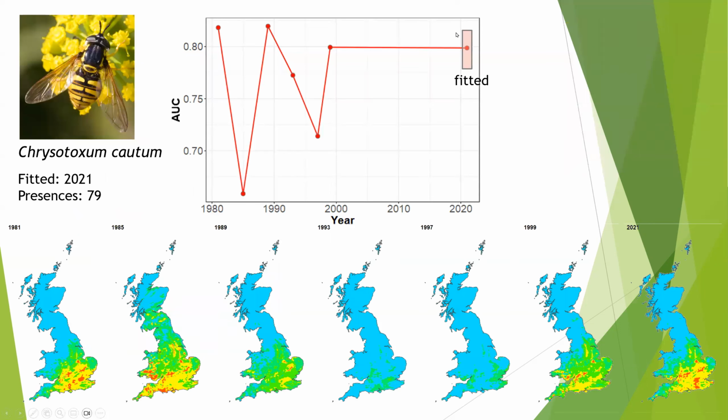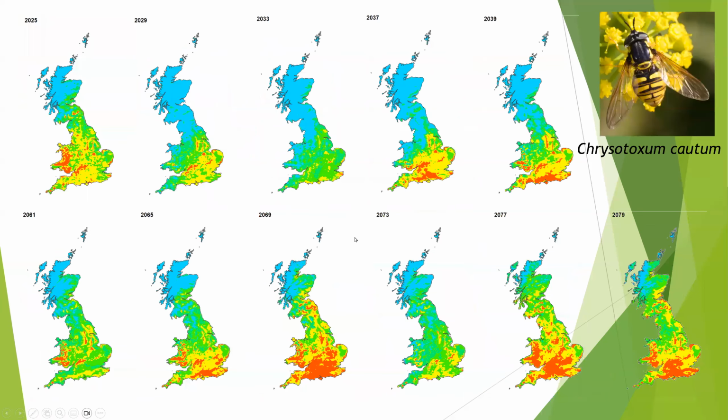And in this case, I fitted to 2021 with 79 observations, and I back projected. It doesn't look too bad for 1999 and possibly 1989, but these really have not worked very well at all. Again, AUC is doing funny things. And if we forward project, well, it's sort of all over the place.